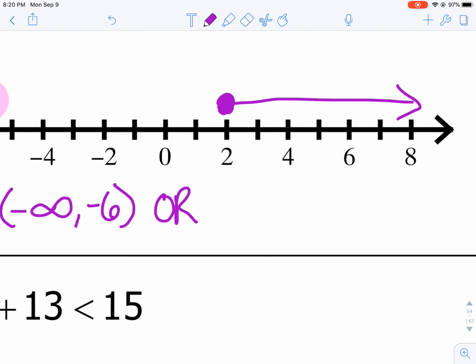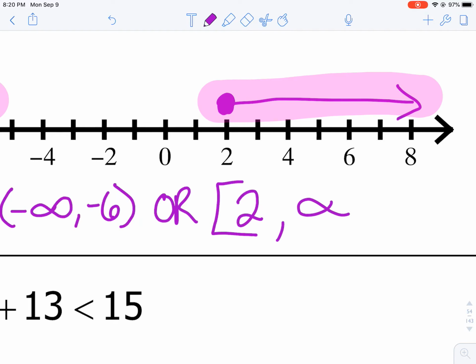Or my right arrow, the left side of it is at 2 with a closed dot, so it's a bracket, comma. The right side of that arrow is pointing at infinity. Infinity also gets a parentheses.